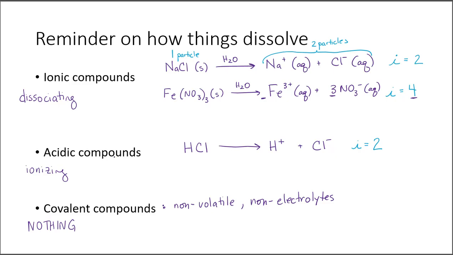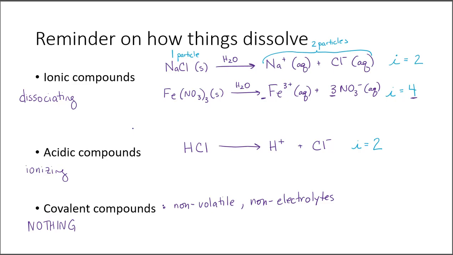All of these that come above, acidic and ionic compounds, those are electrolytes. They're electrolytes because electricity travels through water that has ions dissolved in it. Let me say that again. Water conducts electricity when it has ions in it.